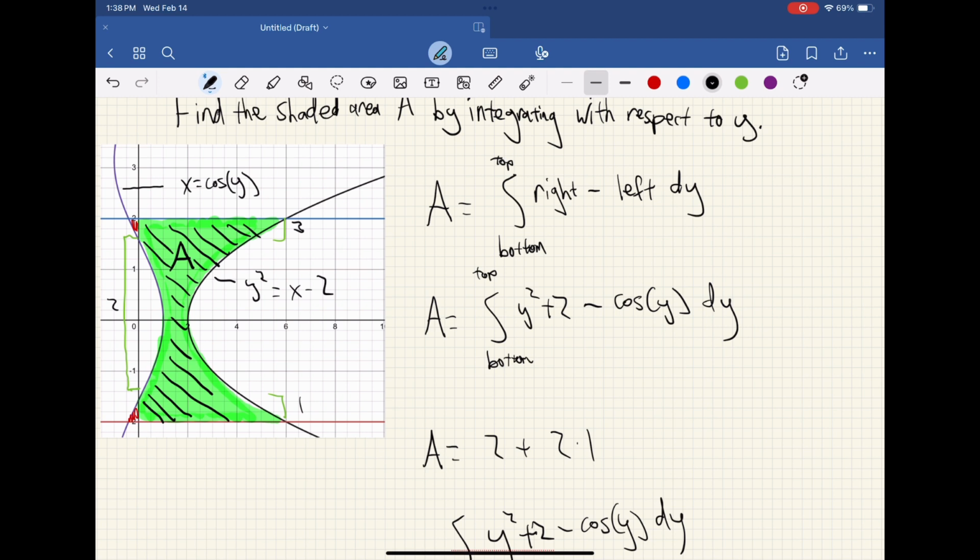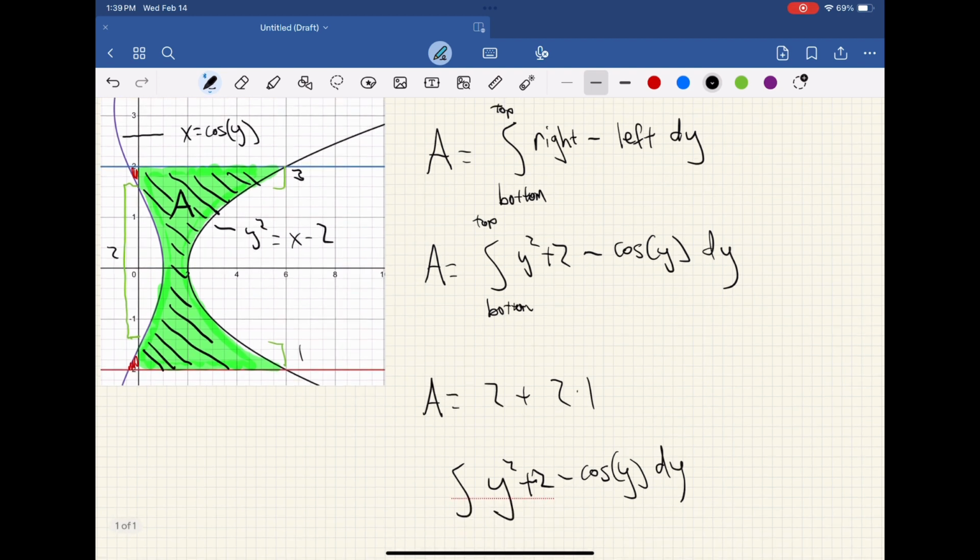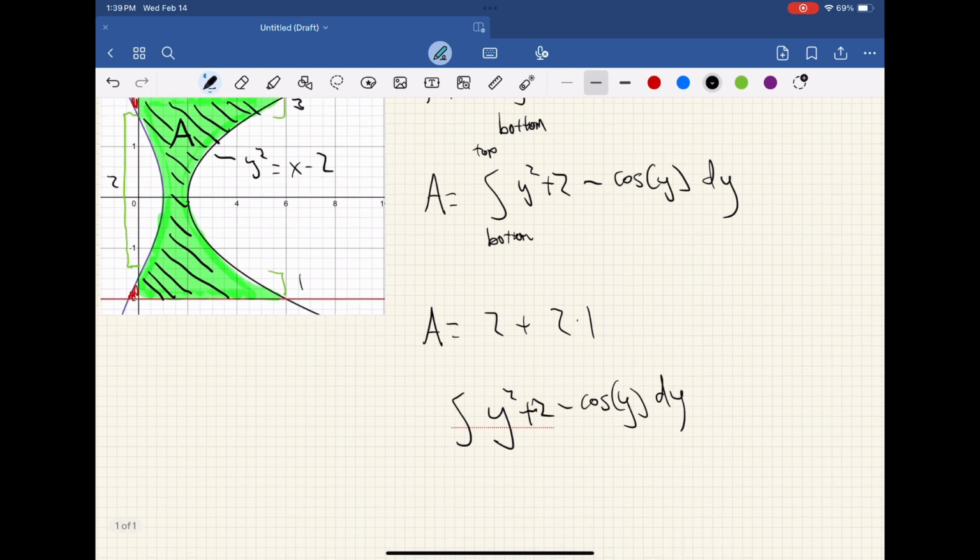So you should know that cosine crosses 0 at pi over 2 and negative pi over 2. So cosine of pi over 2 is going to be equal to 0. So we can say that when y equals pi over 2 and negative pi over 2, the x equals cosine y function is going to cross the y-axis.